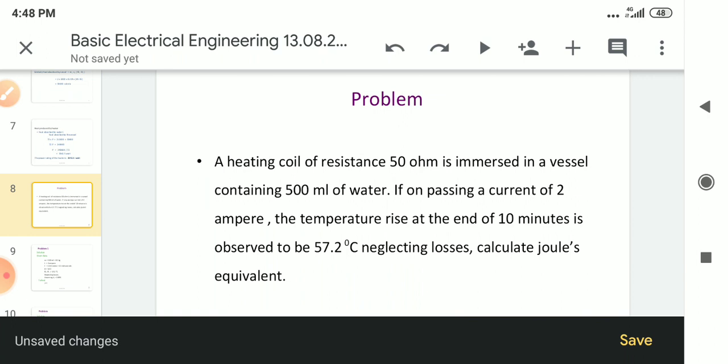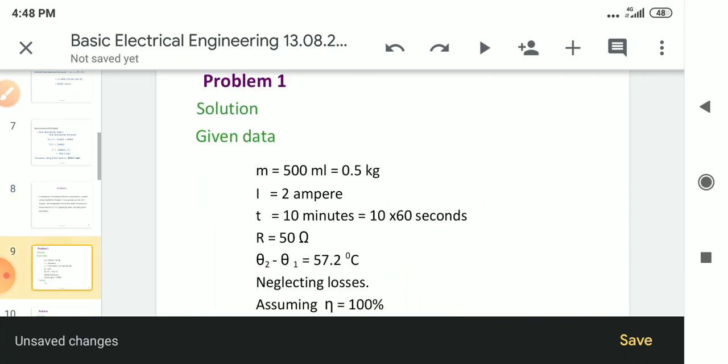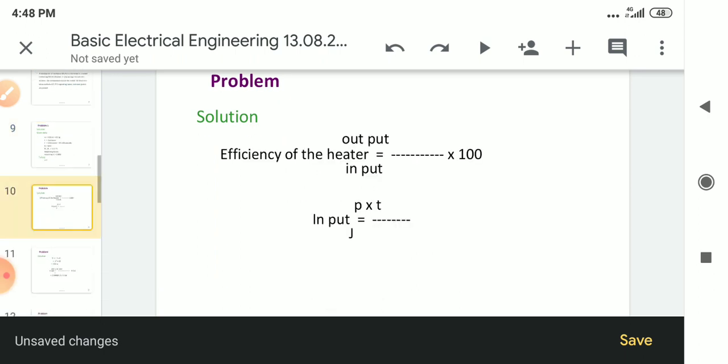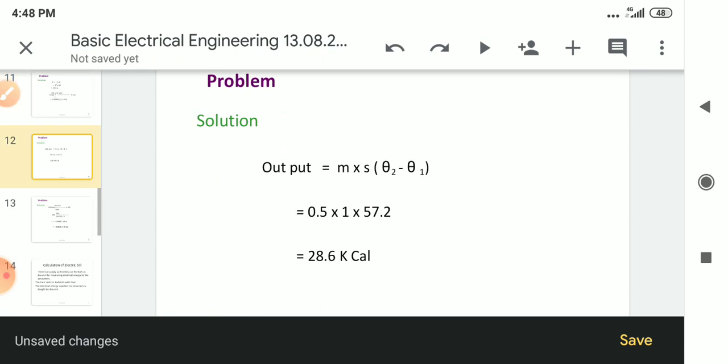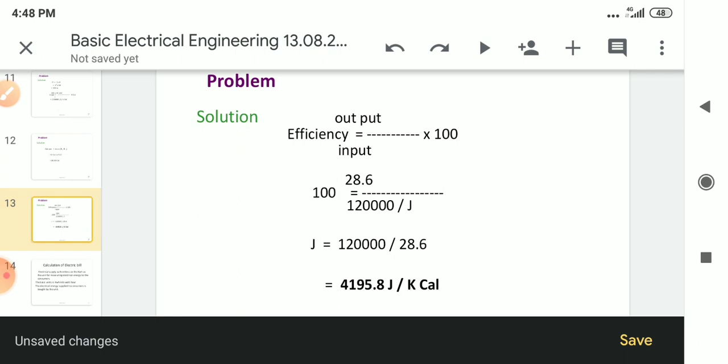The steps are: first, observe the given data and find the value of input and the value of output. After that, take the ratio of output by input, then we will get the answer.